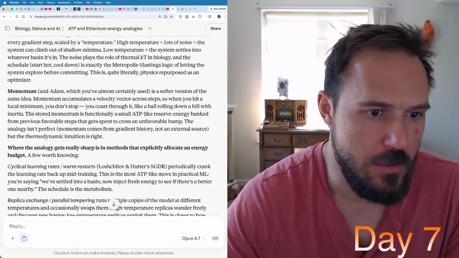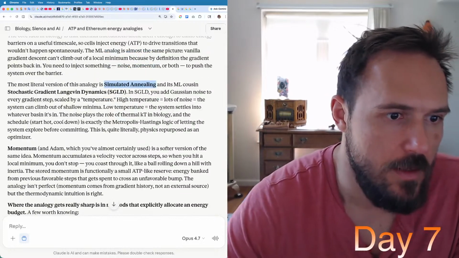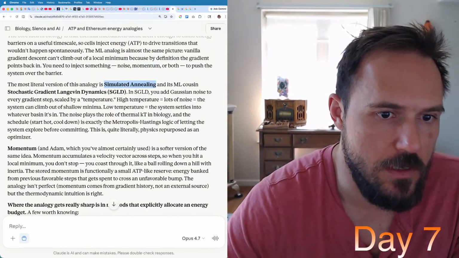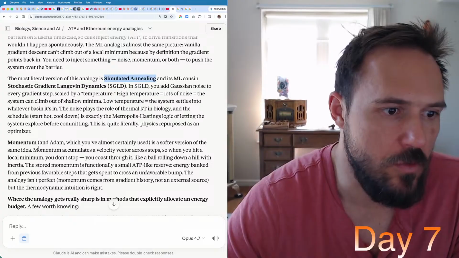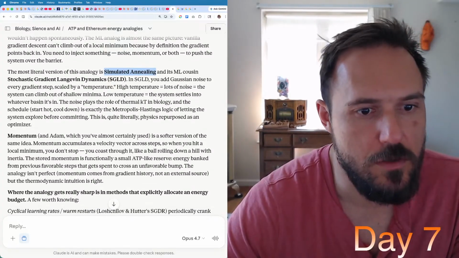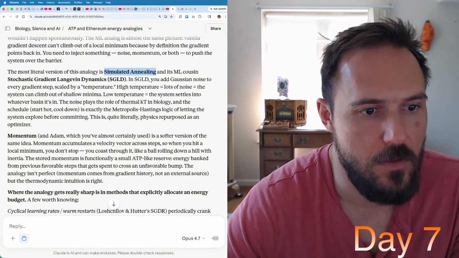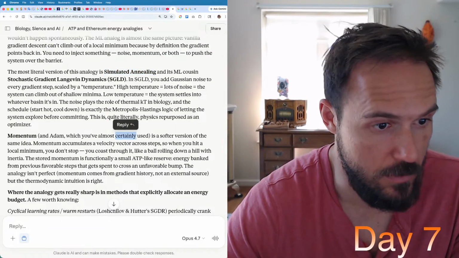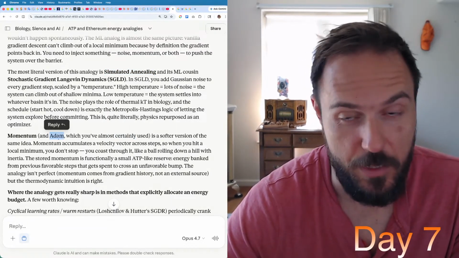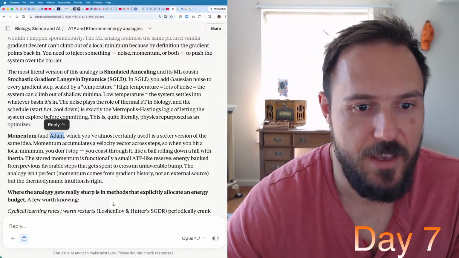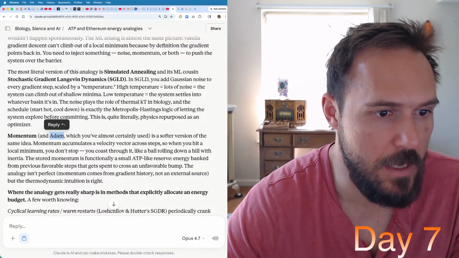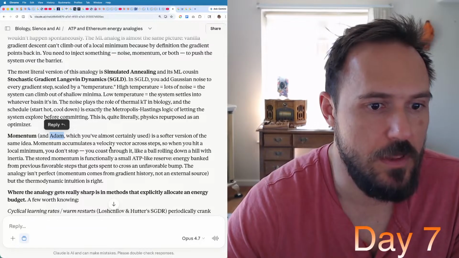Where the analogy gets really sharp. The noise plays the role of thermal activity in biology. Momentum and Adam, which you have almost certainly used, are a software version of the same idea. Momentum accumulates a velocity vector across steps.